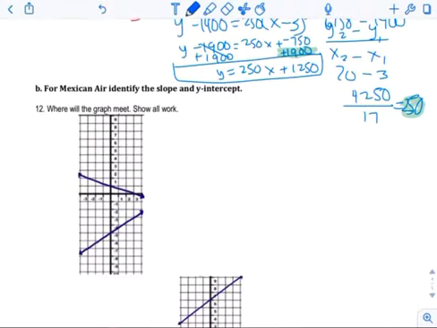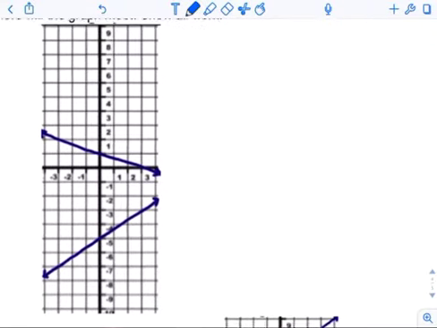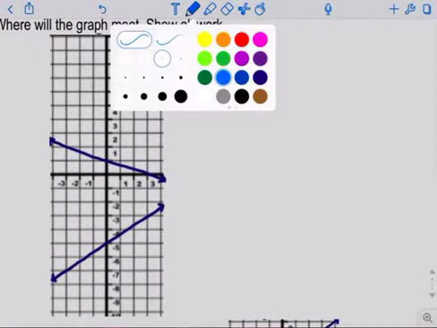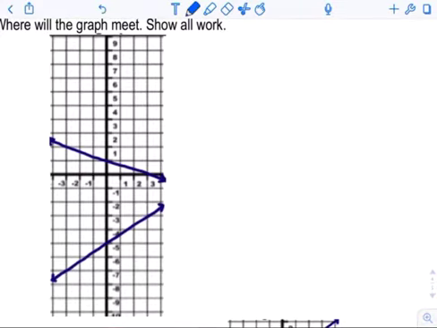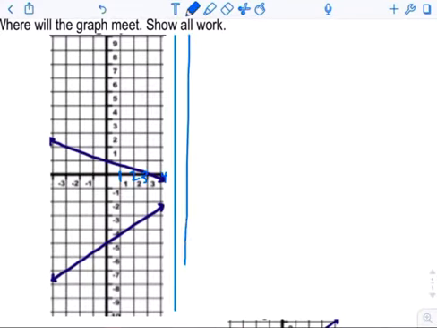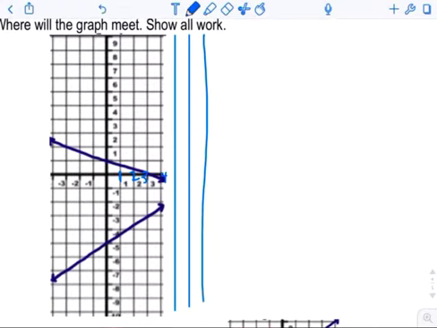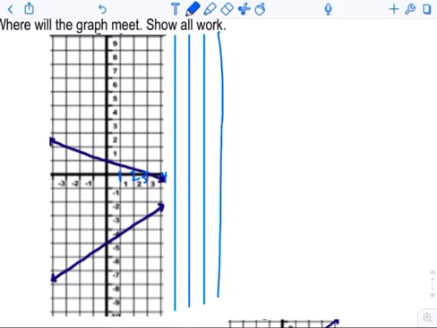Okay. Best way to do this, I think, is to extend this graph. This is 1, this is 2, 3, 4. Draw in your 5th line. 5. Draw in another line. 6. 7. 8.